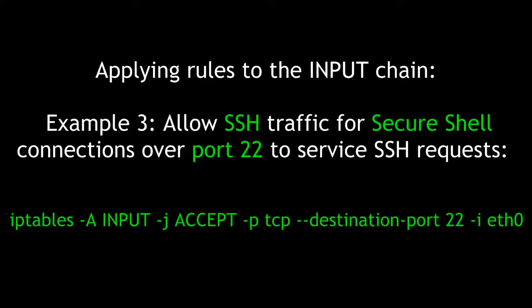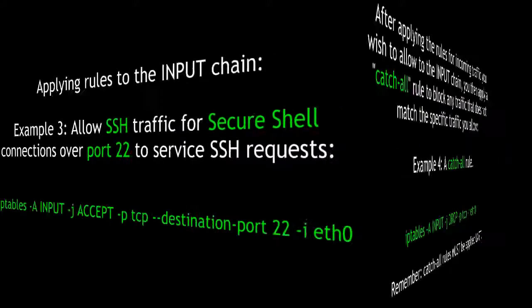Example 3. To allow secure shell traffic over port 22, again we would use iptables, -A, specify the built-in input chain, -j the action to accept, -p the Transmission Control Protocol, the destination port 22, and -i the interface eth0.